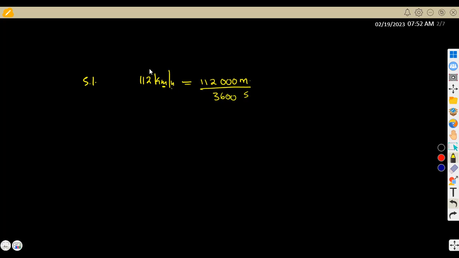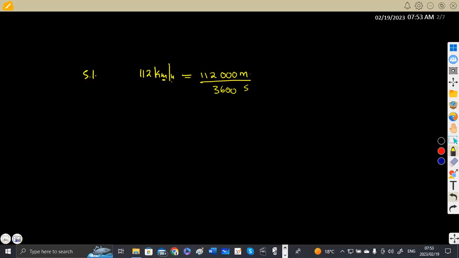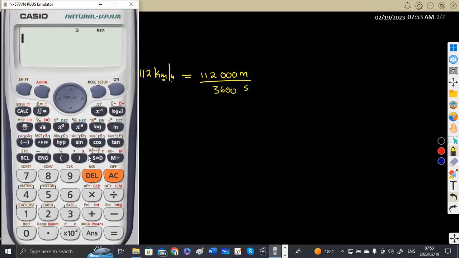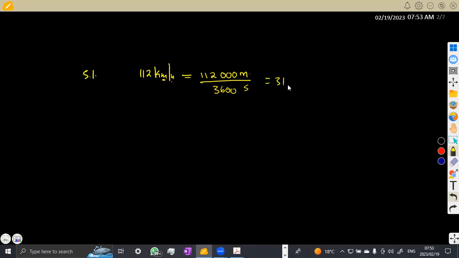I'm just going to show the screen so that we can have our calculator here. Let's divide 112,000 by 3,600, and we obtain 31.111 and so on, which you can just write as 31.111 meters per second.